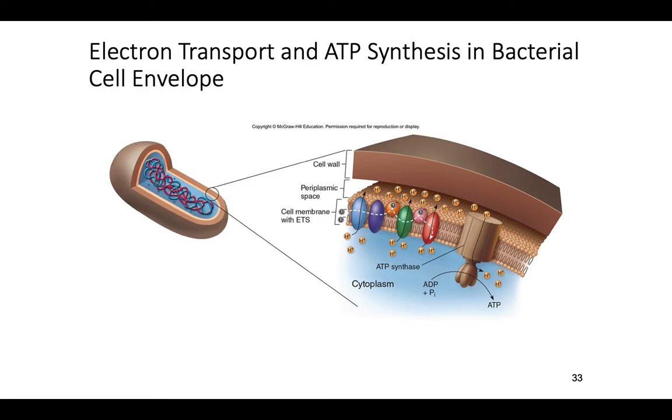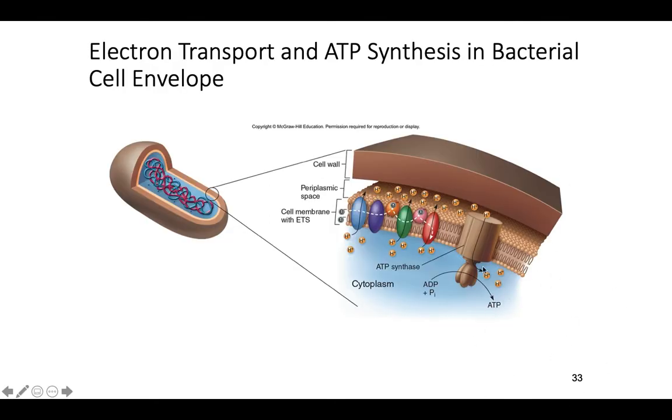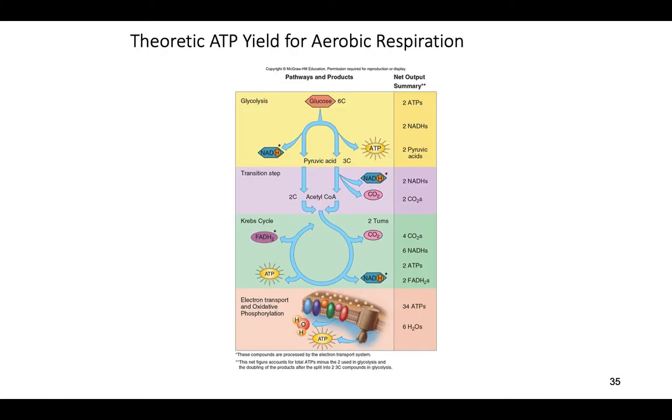You can see here, it's going to pick up two of those hydrogen molecules, and you're going to release all those extra hydrogens as water back into the environment. So once the hydrogen's used, you just get rid of it in the form of water, and that's why oxygen is so important. If you have no oxygen, you can't get rid of your hydrogens, this process backs up, you can't form any energy anymore, and you die. So that's why oxygen is very important for organisms like us.